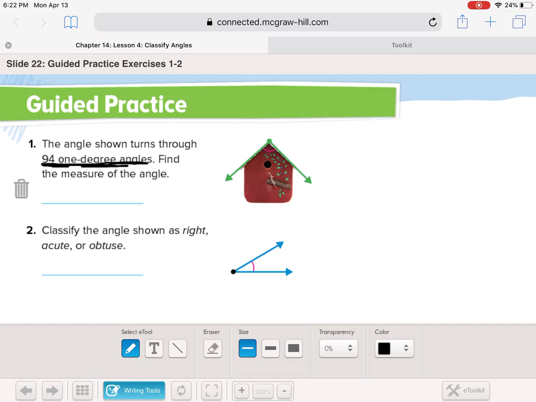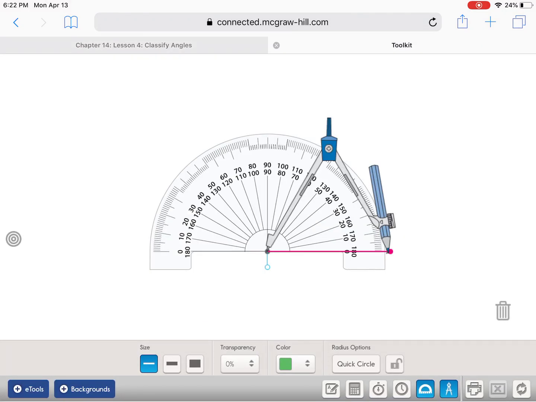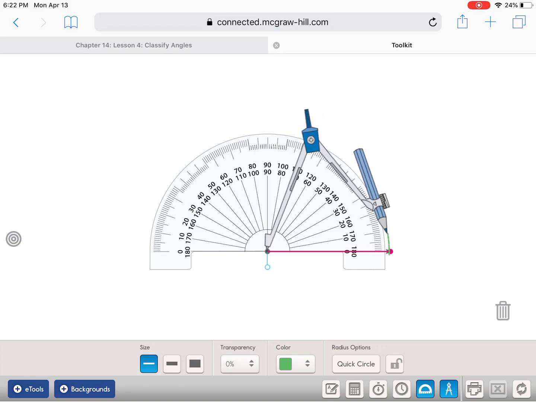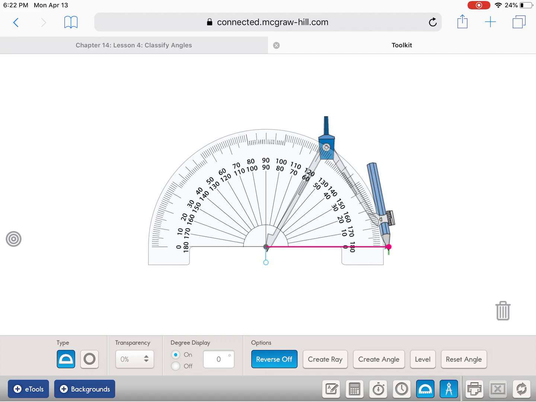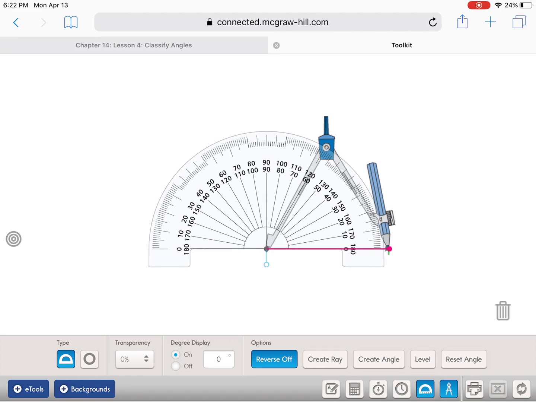To show you a picture of what that's going to look like, here's a tool and it's called a protractor. A protractor is a great way to measure angles. So if I'm looking at this protractor, I have my endpoint right where it lands in the middle, and on the outside where that pencil is, that's where it's going to tell me when the angle starts.